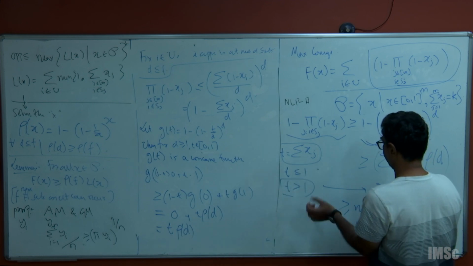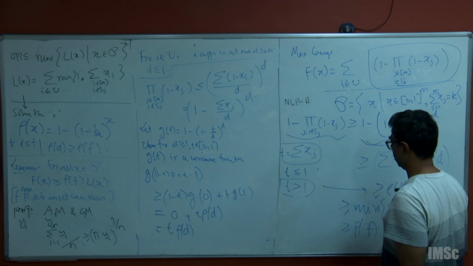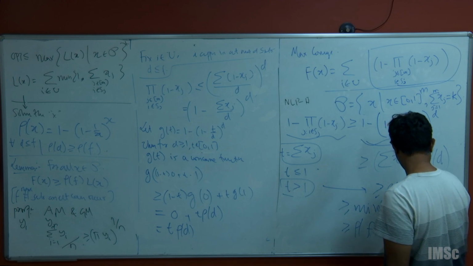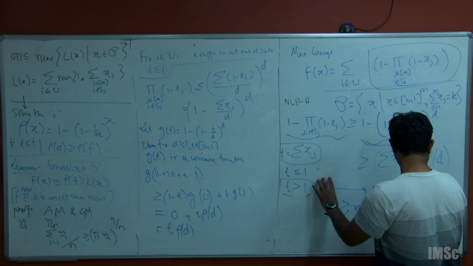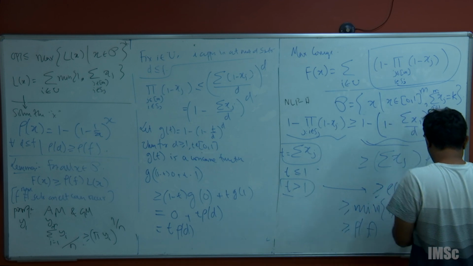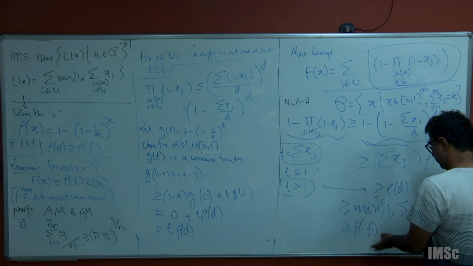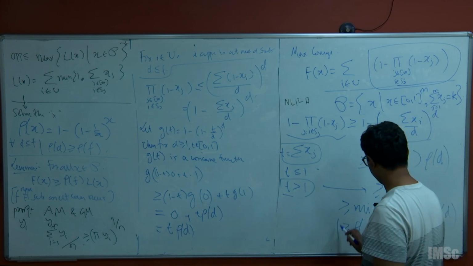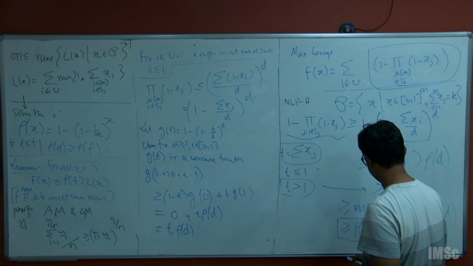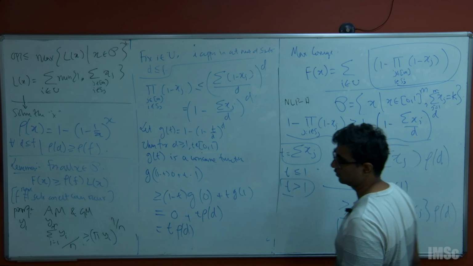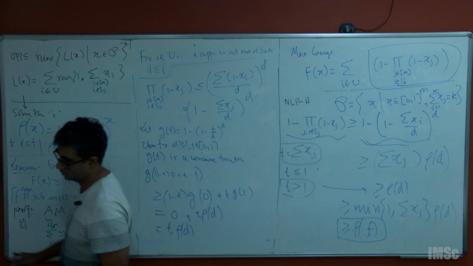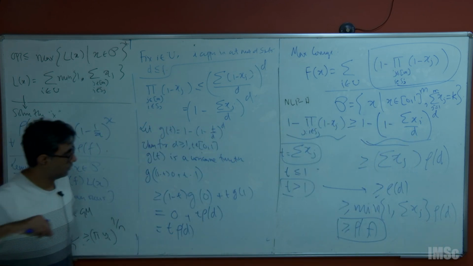For the case when this was less than 1, so this quantity is a fraction of rho d. So why will this imply this? This doesn't imply it, right? But we don't need it, we just need the previous line. Yeah, I don't think we need this.